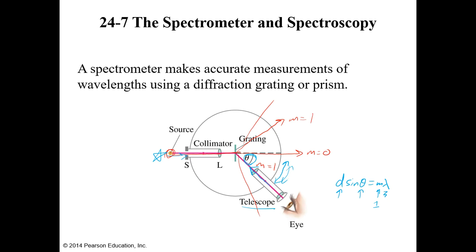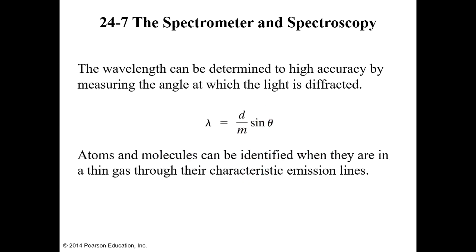You can measure exactly the wavelengths of light that the star emits. So using the equation I just showed you, just solve for wavelength. This is how you can calculate the different wavelengths of light that are emitted by a certain light source.